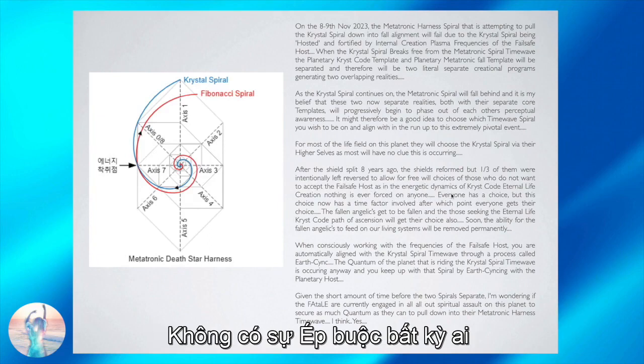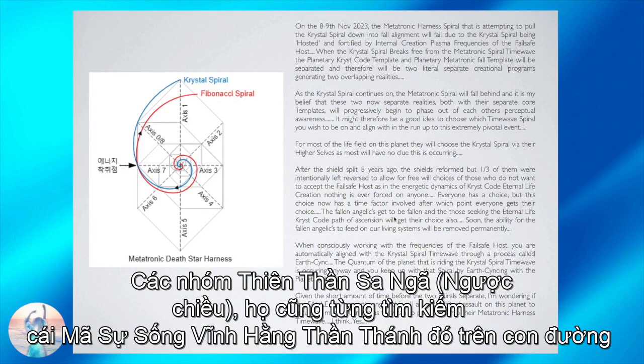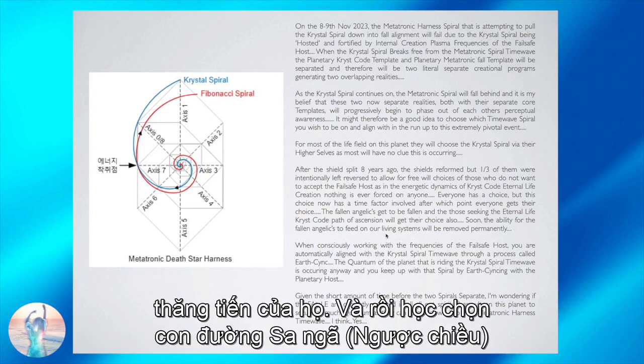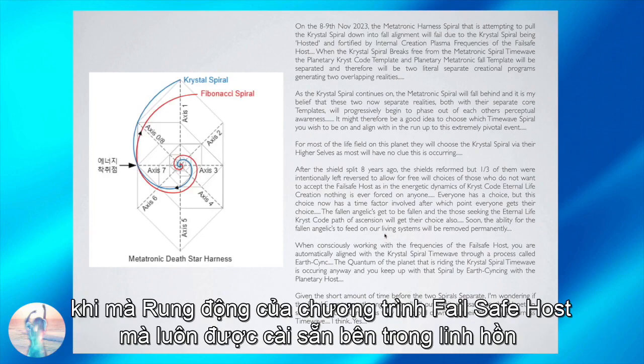Everyone has a choice, but this choice now has a time factor involved, after which point everyone gets their choice. The fallen angelics get to be fallen, which is what they've wanted all along, and those seeking the eternal life Christ code path of ascension will get their choice also. Soon, the ability for the fallen angelics to feed on our living systems will be removed permanently.